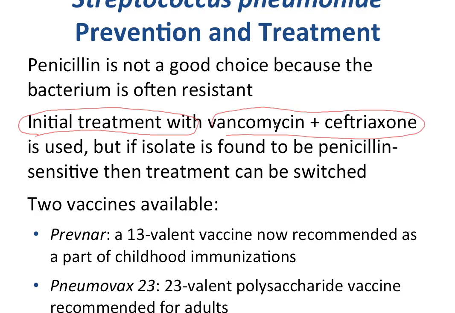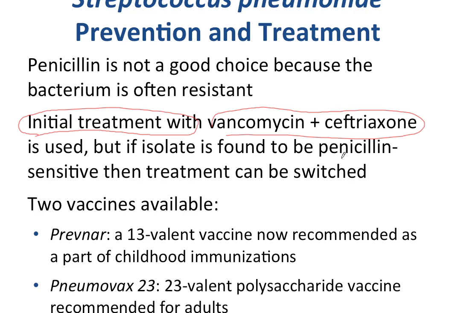However, in this patient, we have to do the bacterial culture, Okay, and do the drug sensitivity test. So if we find the bacteria is still sensitive to penicillin, we can still use penicillin for the treatment.